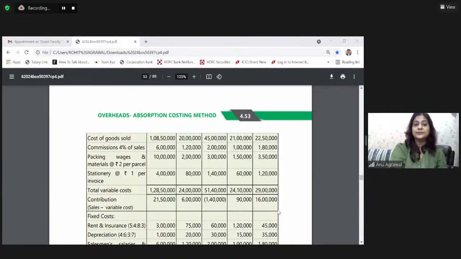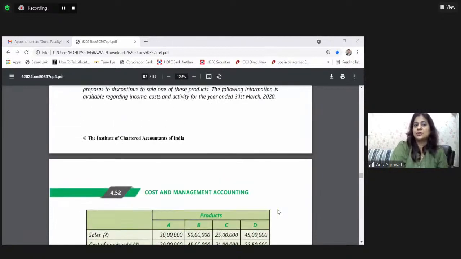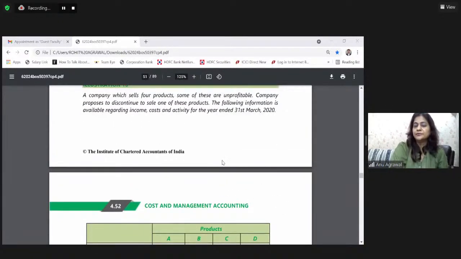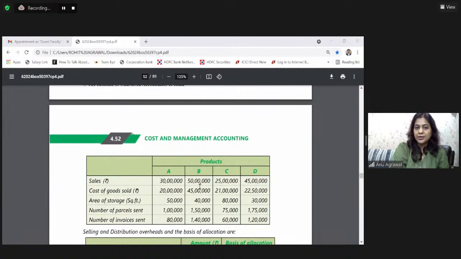Like in this question, this gentleman has decided that I'm incurring a loss, so I should discontinue. This is what he's saying now. He says some are not profitable, so I'll discontinue. Now you tell me, which according to him will not be profitable? Something which is not giving profit, right? But technically speaking, if I just subtract the cost of goods sold, A gives 10 lakh, this gives 5 lakh, this gives 4 lakh, and this gives some 22 lakh 50,000.